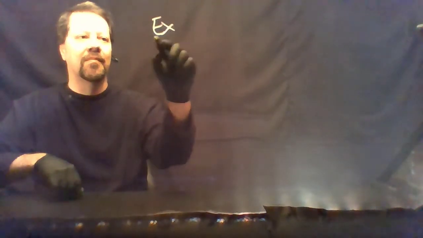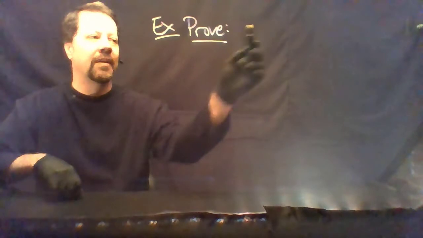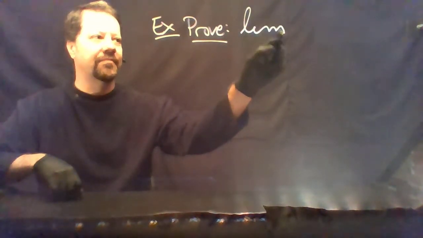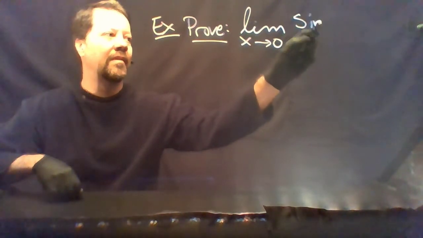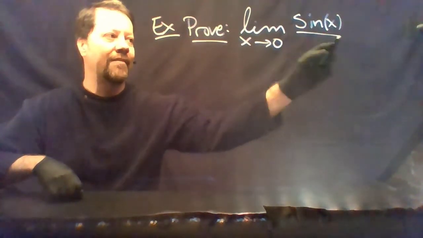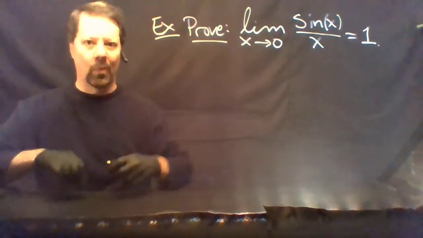It goes like this. We're going to prove that the limit as x goes to 0 of sine of x divided by x is 1.